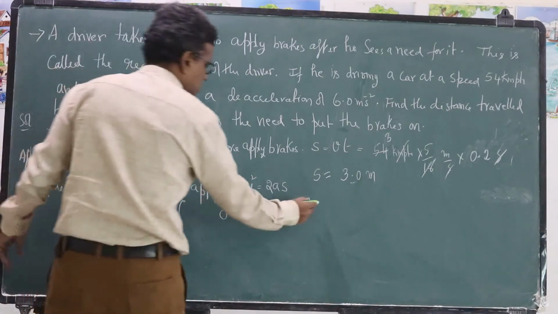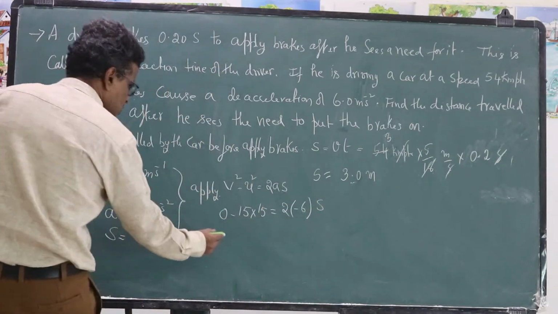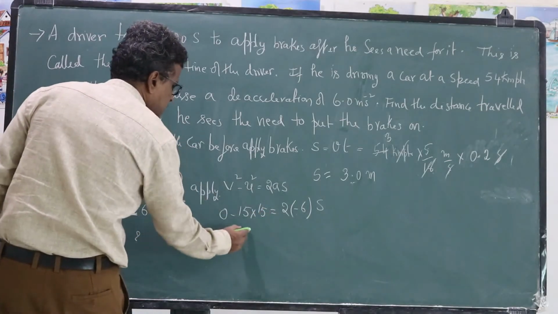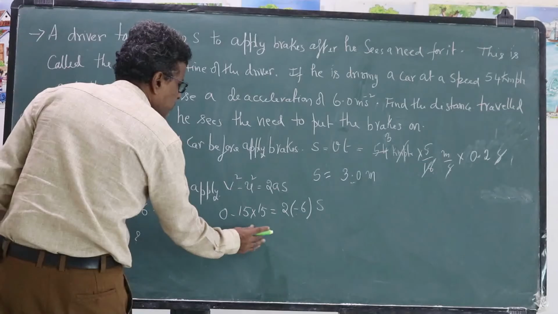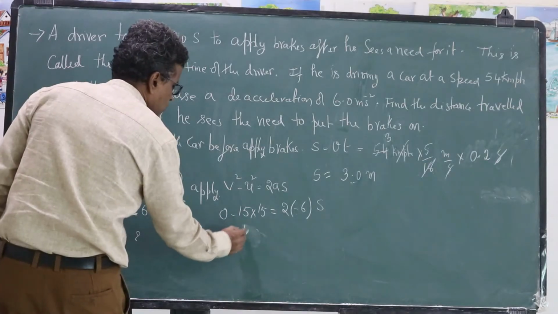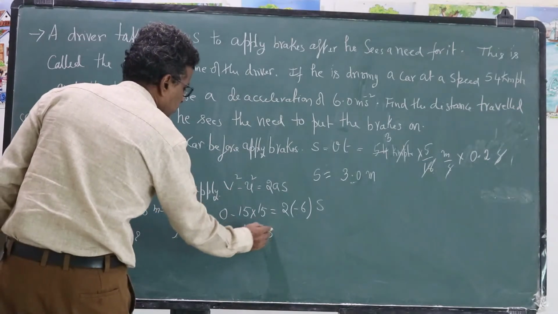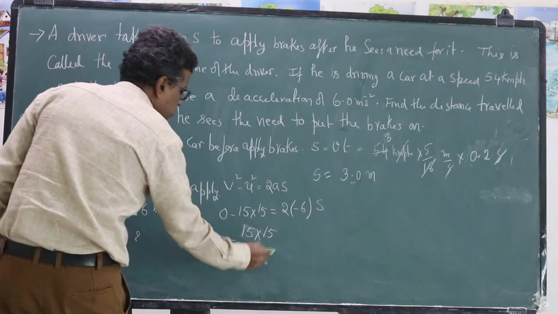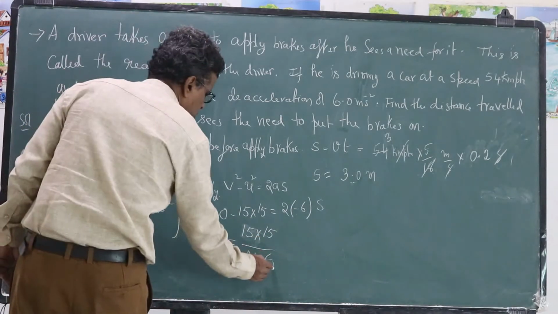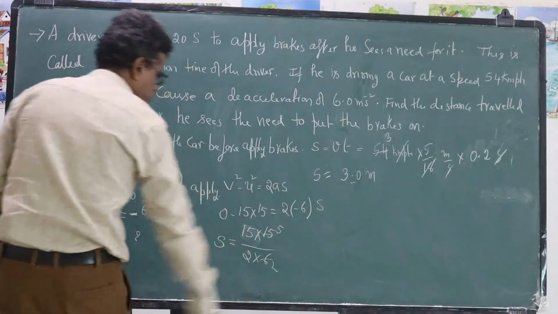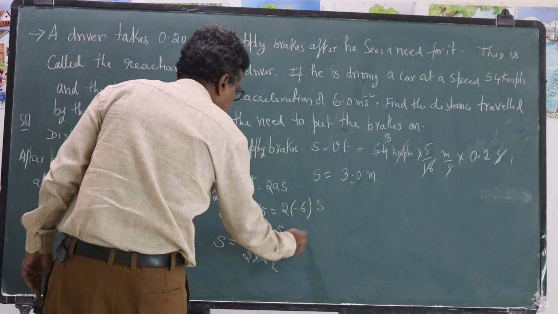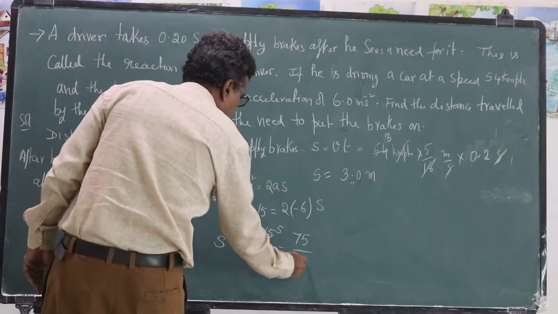The minus signs get cancelled, so s is 15 into 15 by 2 into 6, which is 15 into 5 by 4, 75 by 4.